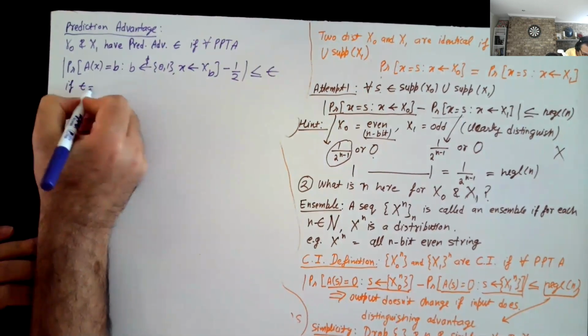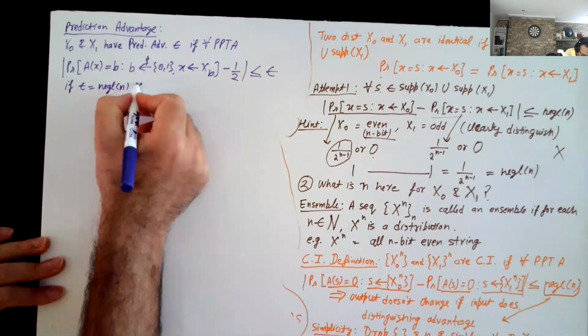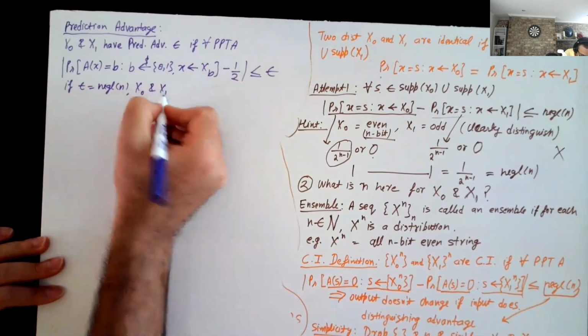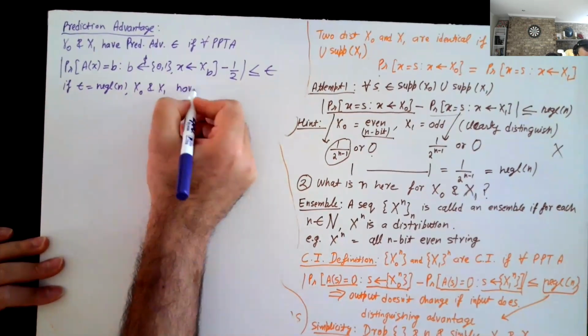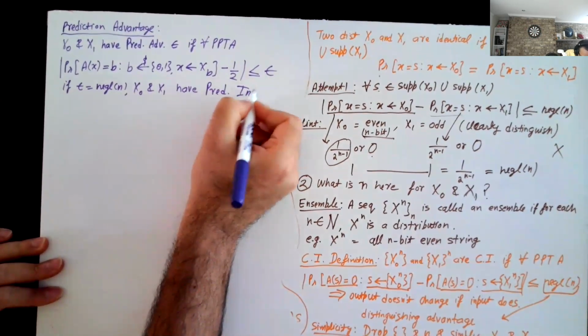And if epsilon is negligible, x0 and x1 have prediction indistinguishability.